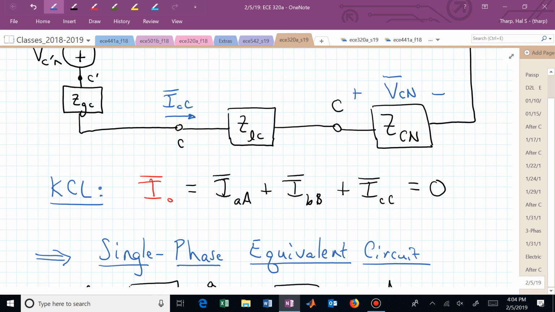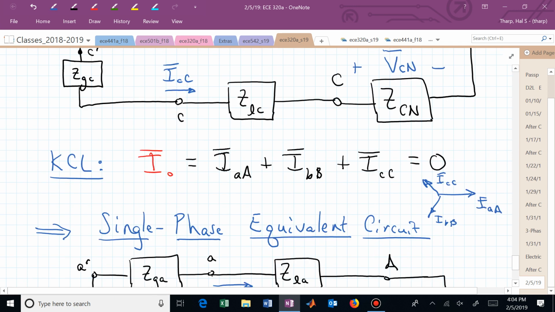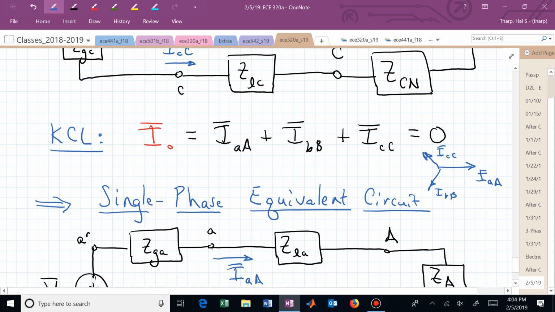That means that they look like this. Here's I sub AA, I sub BB, for a positive phase sequence, I sub CC. And if you add those up, head to toe, you'll have this, that, and that.